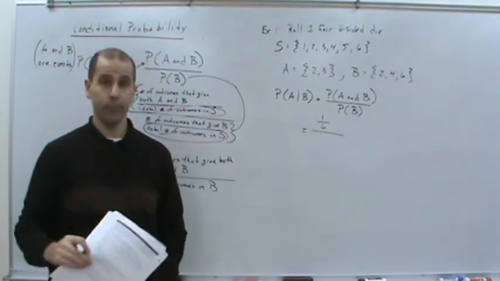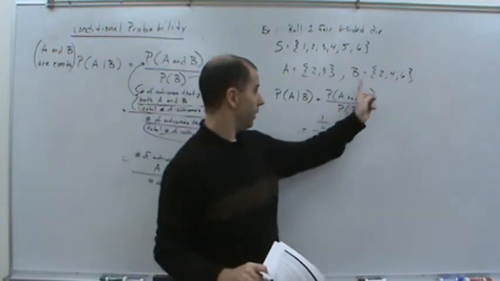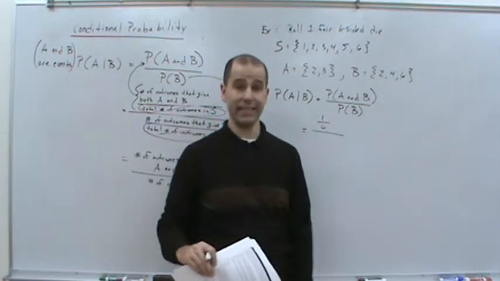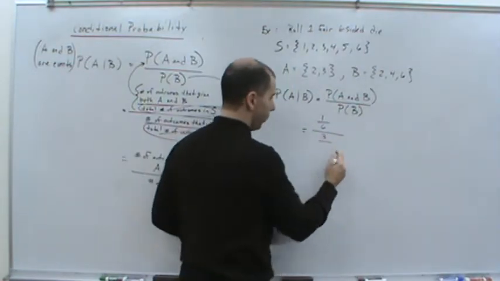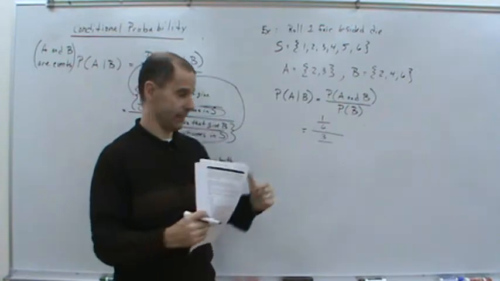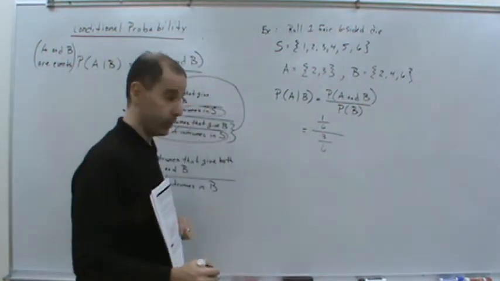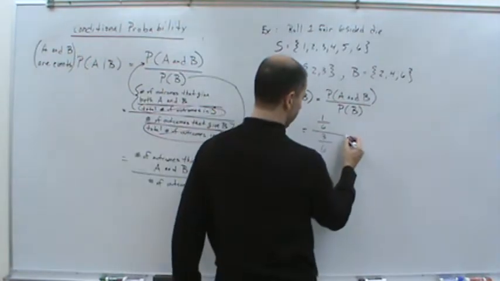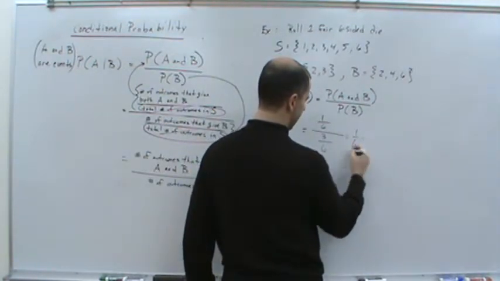Divided by how many outcomes will give me B? Well, if I get a 2, 4, or 6, that's 3, right? So the probability of B is 3 out of how many? 6, right? Well, this is the same as 1/6 divided by 3/6.